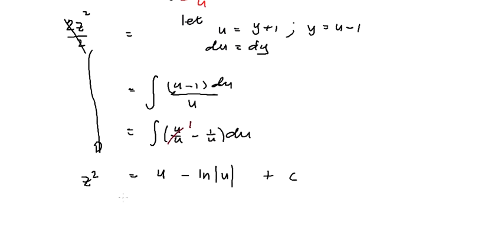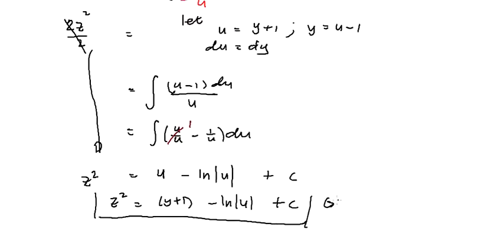Okay, and then to get the general solution, we need to bring back the value of u. So we have z squared is equal to y plus 1 minus ln of absolute value of y plus 1 plus c. So this is now our general solution. Or we can also try to combine this constant to our constant of integration.